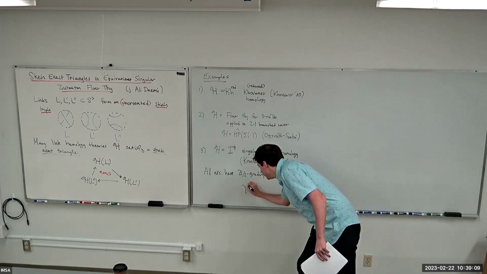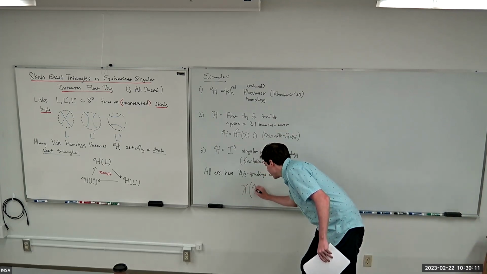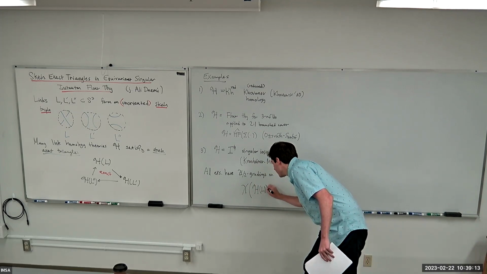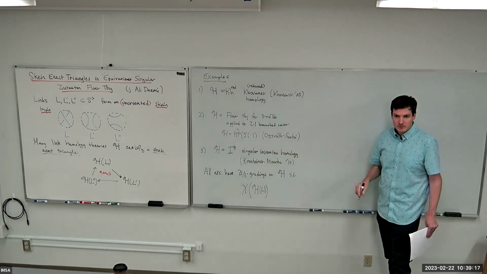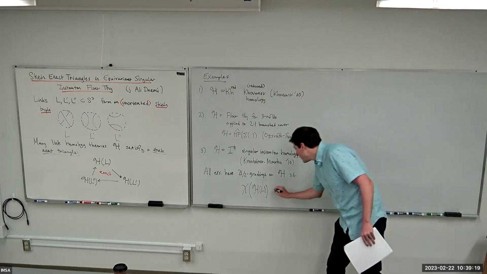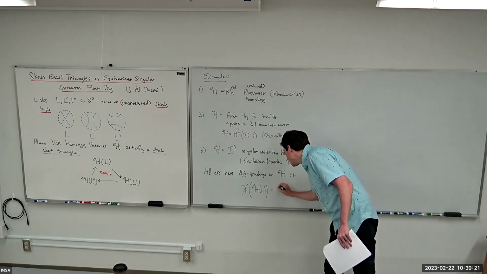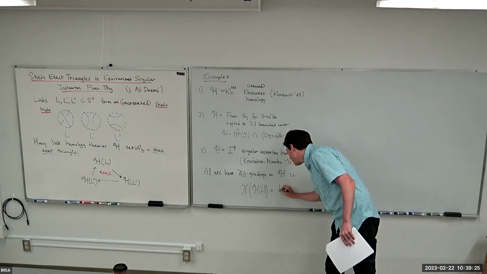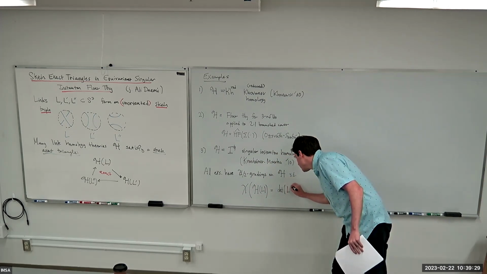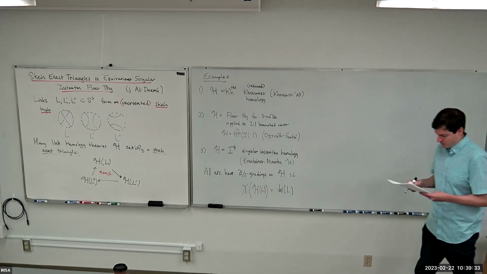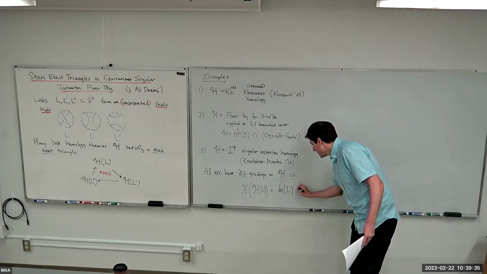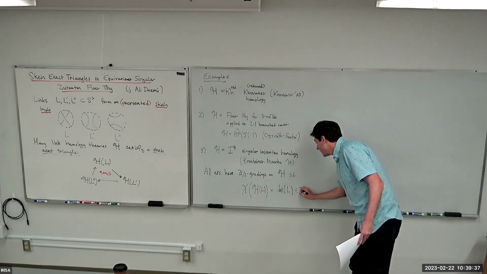So the Euler characteristic of any one of these link homology theories will give you the determinant. So this is just an integer that you get.